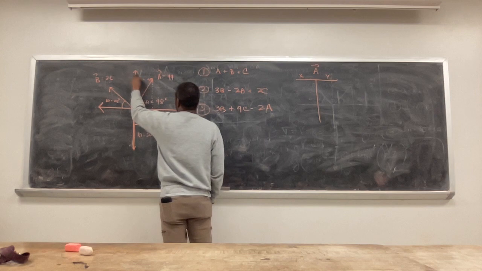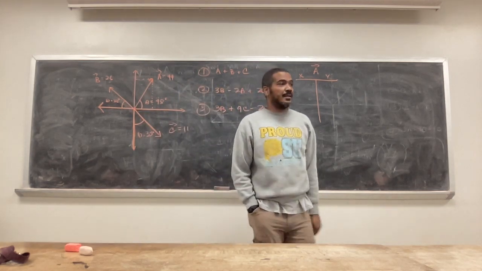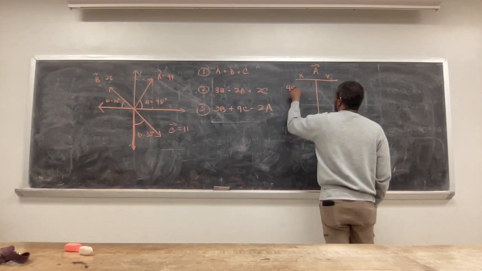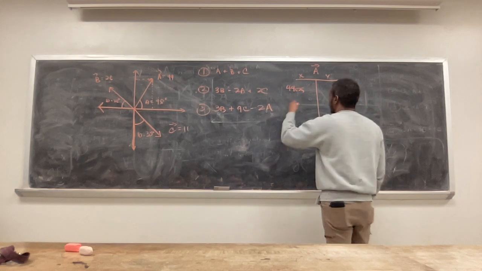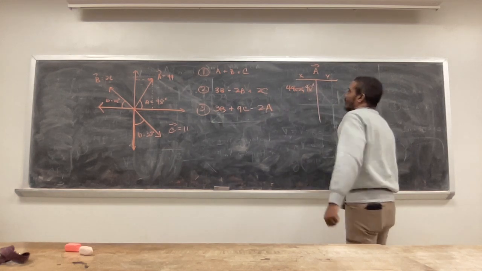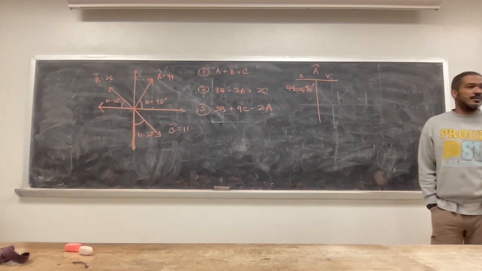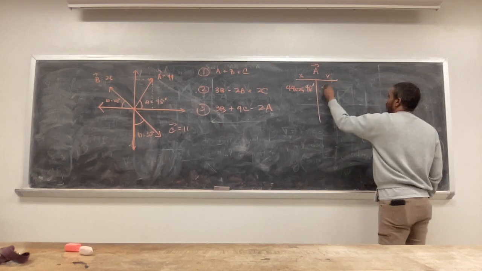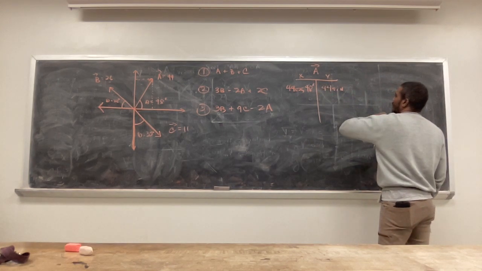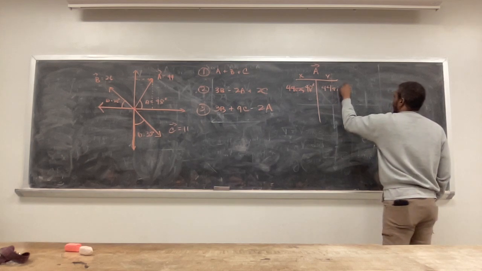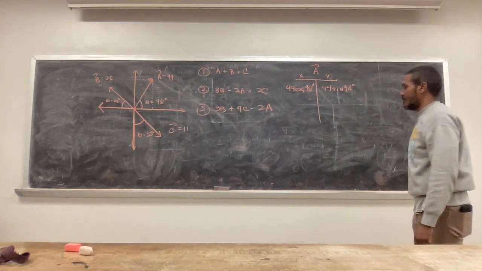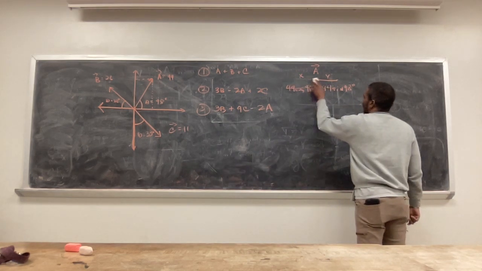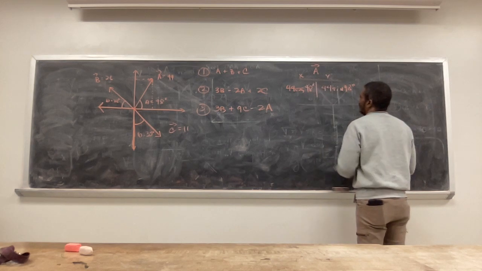Everybody following how she got that? 44 cosine of 48. And Y is 44 sine 48. And we can get numbers for those. And then we can go to the next one.